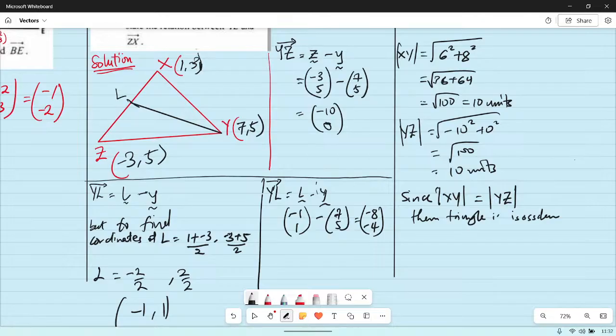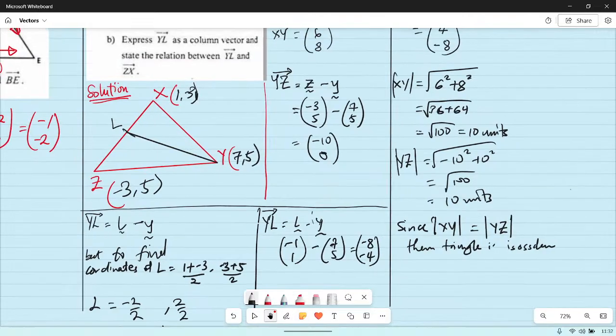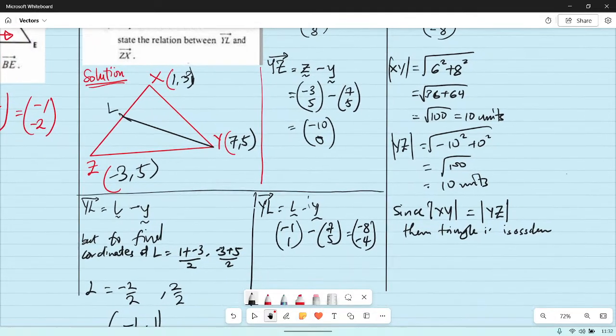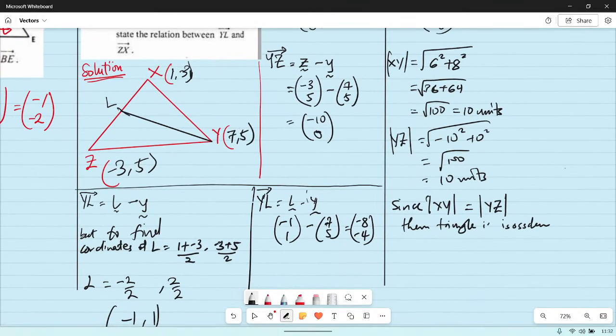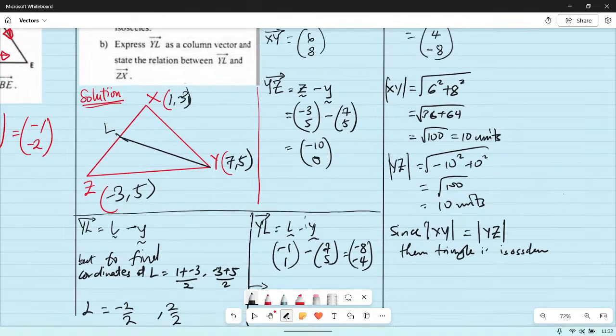They said express it and say the relationship between XZ. And if this is YL, what is XZ? Sorry, ZX. They want us to express YL as a relationship with ZX, from Z to X, in this direction.